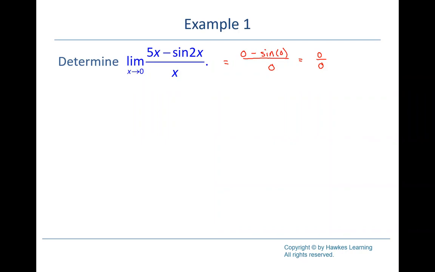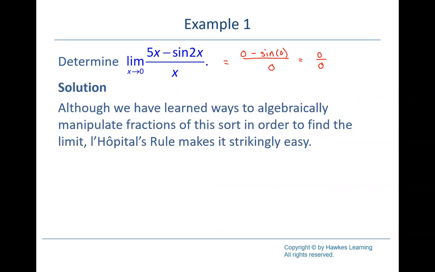Since this expression here is difficult to manipulate algebraically, we'll instead rely on L'Hopital's rule. And so what we will do here is simply take the derivative of the numerator and the derivative of the denominator separately. Both of these are pretty easy to compute.